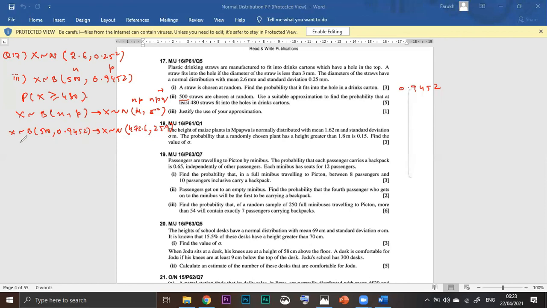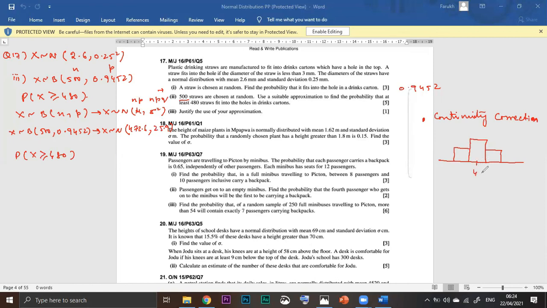Now we want to find the probability of x greater than or equal to 480. The most important concept in this conversion is the continuity correction. You will miss this step otherwise. To apply the continuity correction, we will draw 3 rectangles.